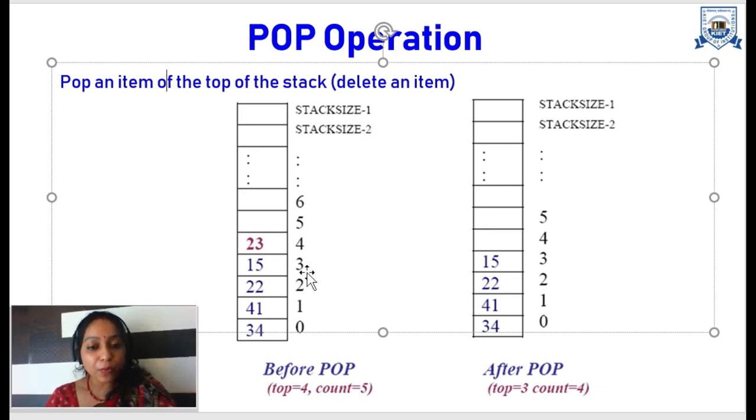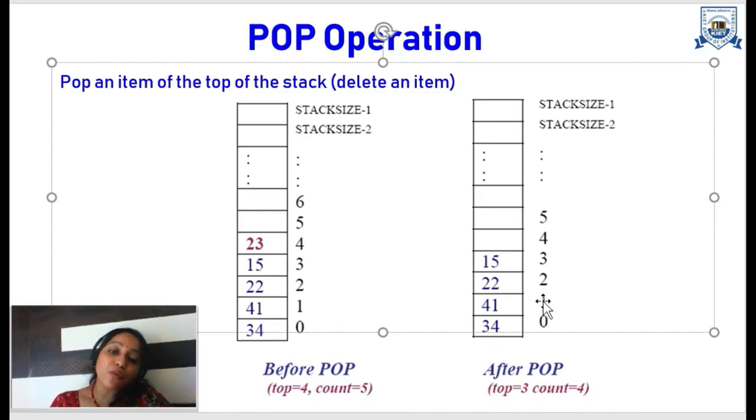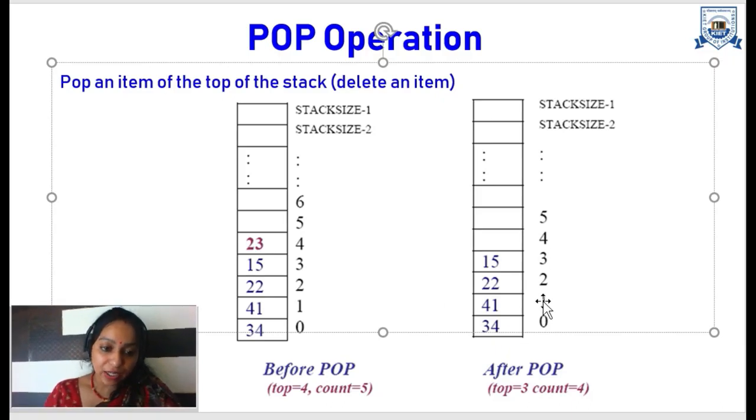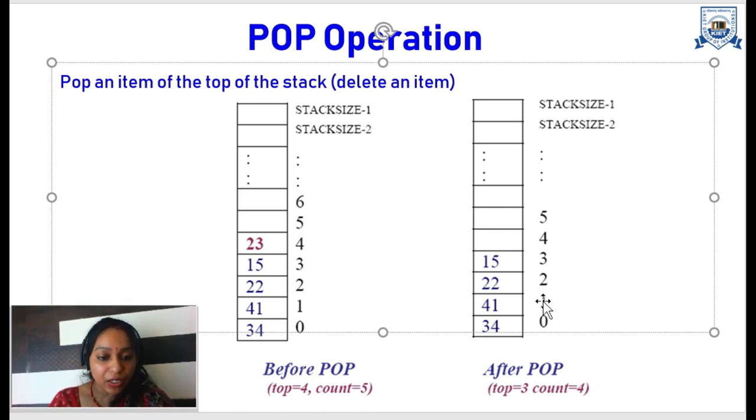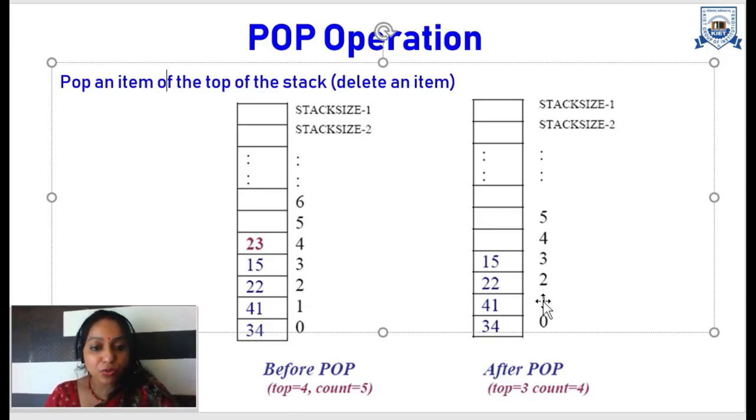So top will point to this particular index location, so top equals 3 as one element is deleted. So if we want to insert an element, that is if we are performing the push operation, first we need to increment the top value and then we store the new element in this top index location. And if we want to delete an element, we will store null at the current index location of top, and then we will decrement the value of top by 1.